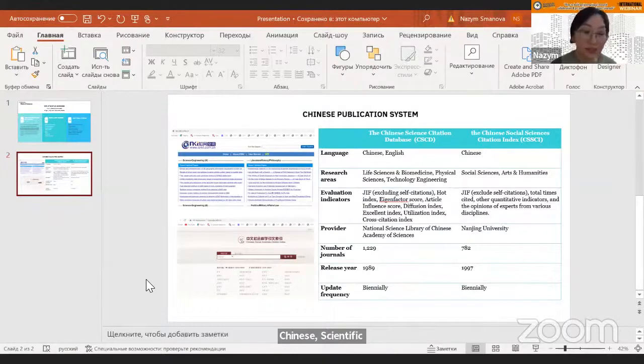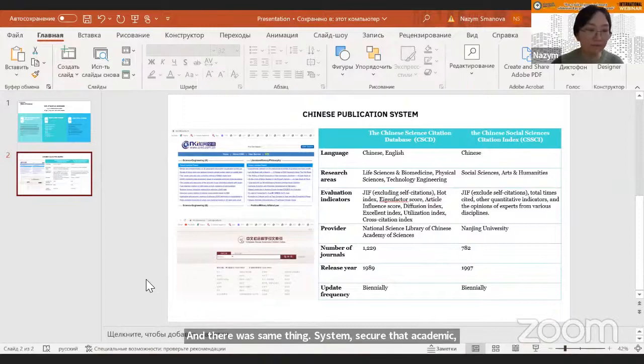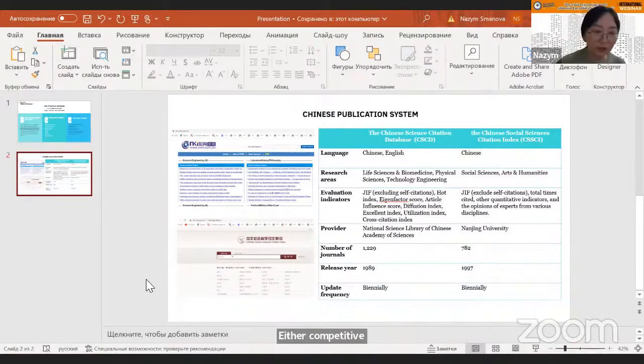China's centralized government system implements top-down control in the field of publication, and the licensing system secures that academic aims and scope are in line with the national ideology, and the competent authorities carry out monitoring after publication, also to ensure the political correctness of the published journals and articles.